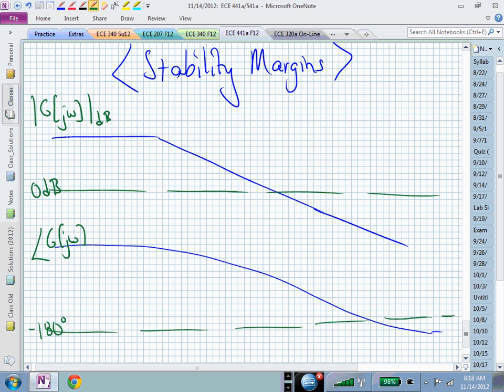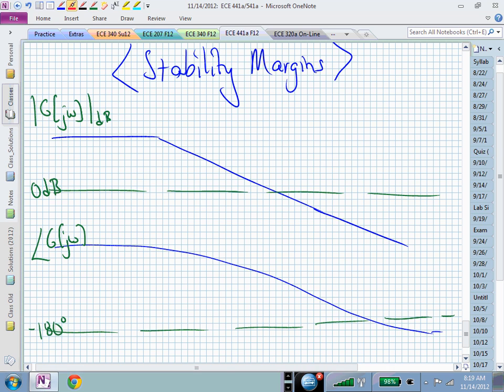Now, what I'm interested in is this condition of a magnitude of 1 and an angle of minus 180. And if those start lining up or getting close to happening at the same frequency, then I'm going to have problems. My stability margins are trying to push that from happening in terms of this alignment of frequencies. And so I'm really looking at two different frequencies.